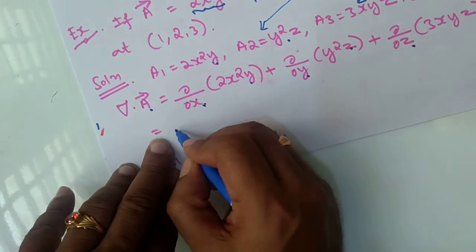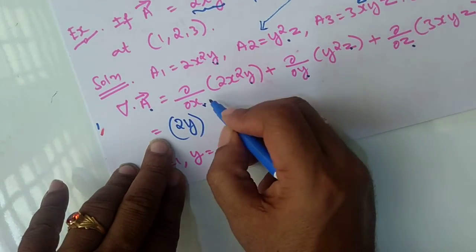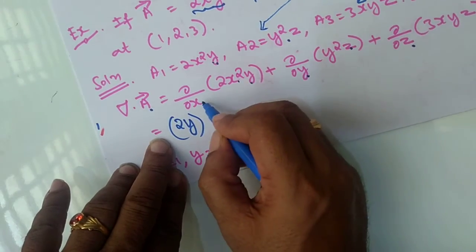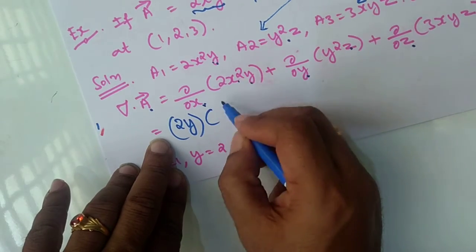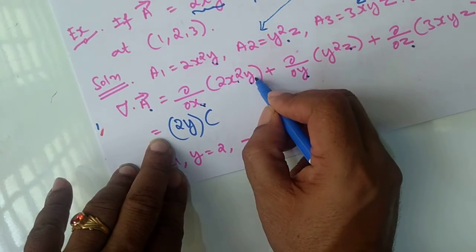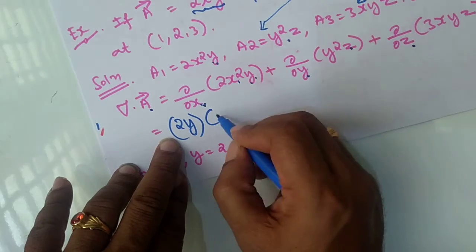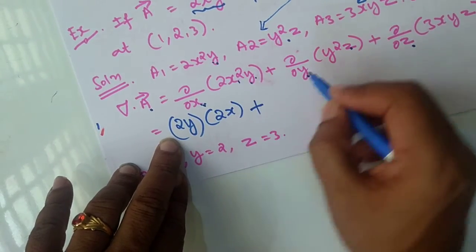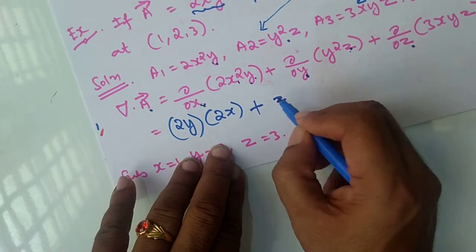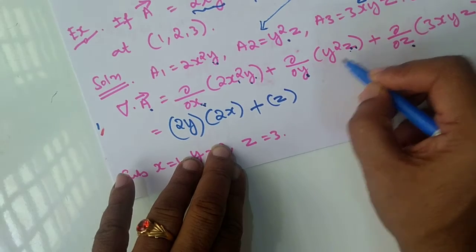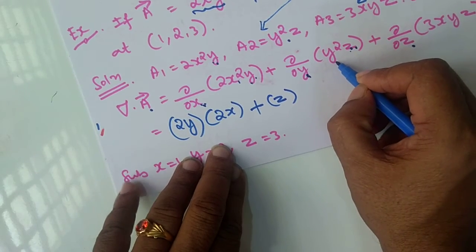With respect to x, 2y is constant, take it outside. Differentiation of x squared, 2x. Next, with respect to y, z is constant, take it outside. I have taken z outside. With respect to y, you are differentiating y squared.